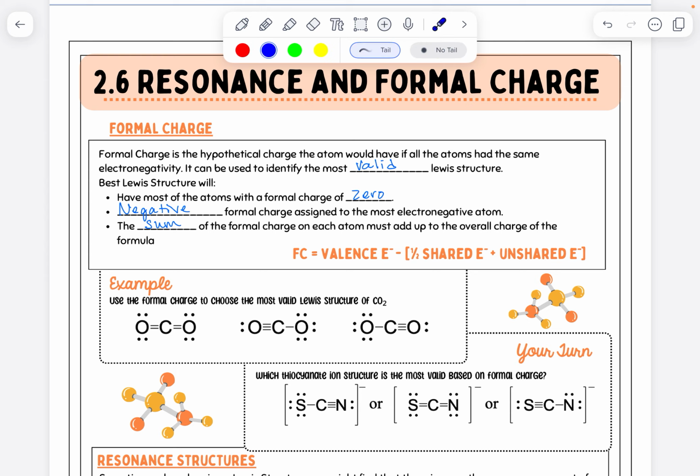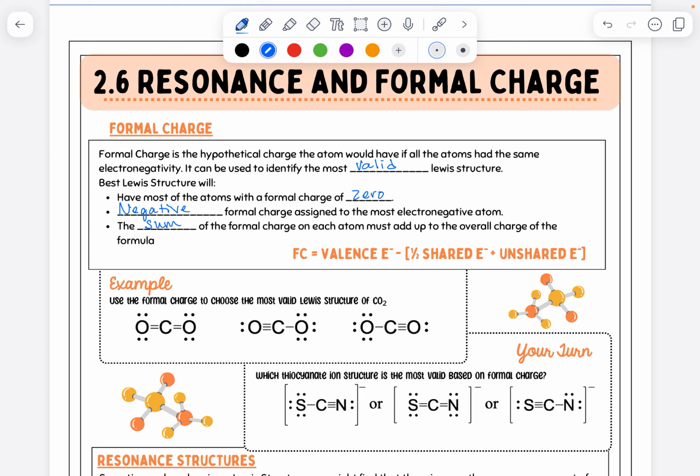The equation some people use to get the formal charge is you take the valence electrons on your atom and you minus half the shared electrons plus the unshared electrons. You can do it that way. Sometimes I just count the valence electrons and I minus the electrons that are connected to my atom. So I'll show you both ways.